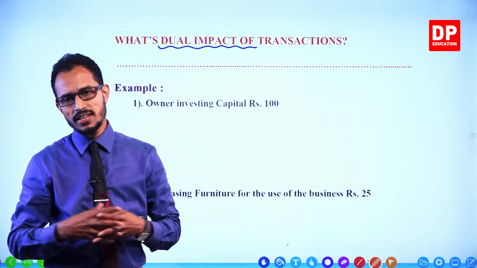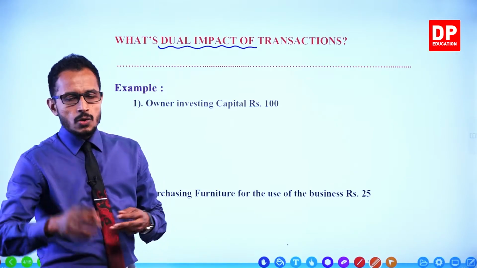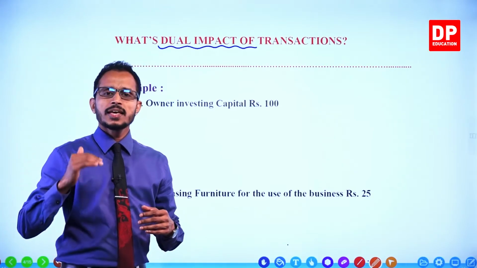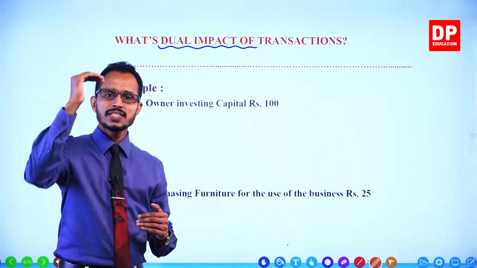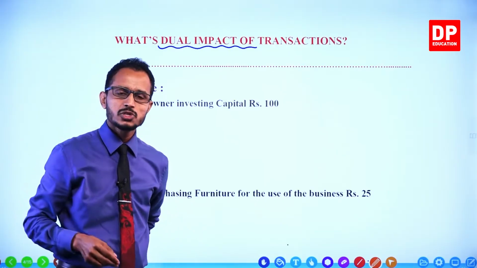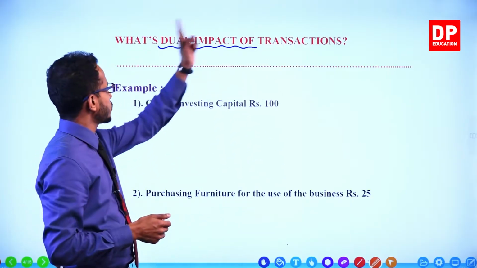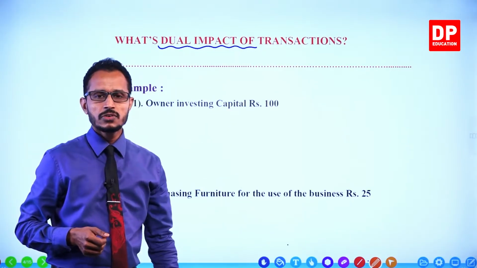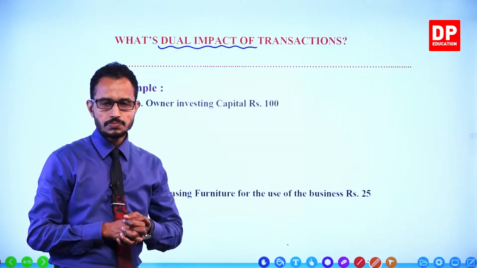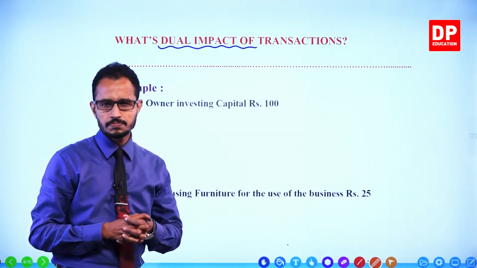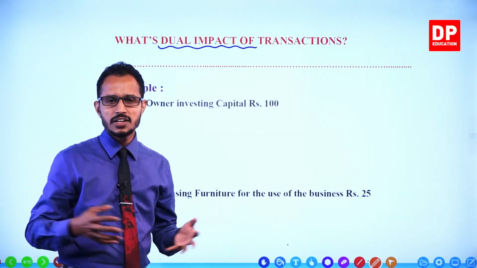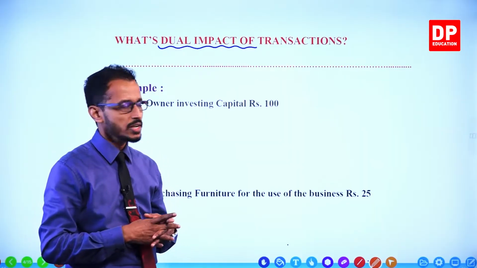Either one. When a transaction happens, it affects two things. It has two impacts on the accounting equation. That is the meaning of dual impact of transactions. All right? Well, we learned about this in the previous session, of course, children.